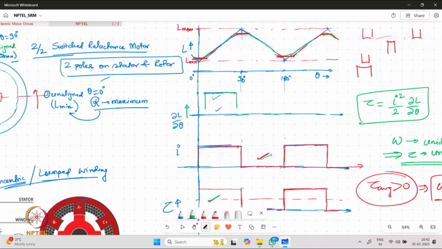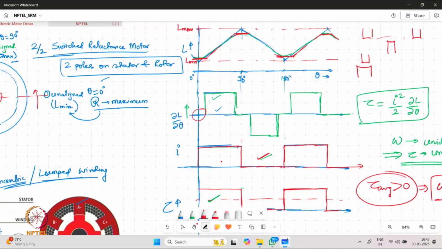So we may have dL/dθ varying in this manner. And hence the current also should be applied accordingly, because there is no point in applying current where the change in inductance is not happening.